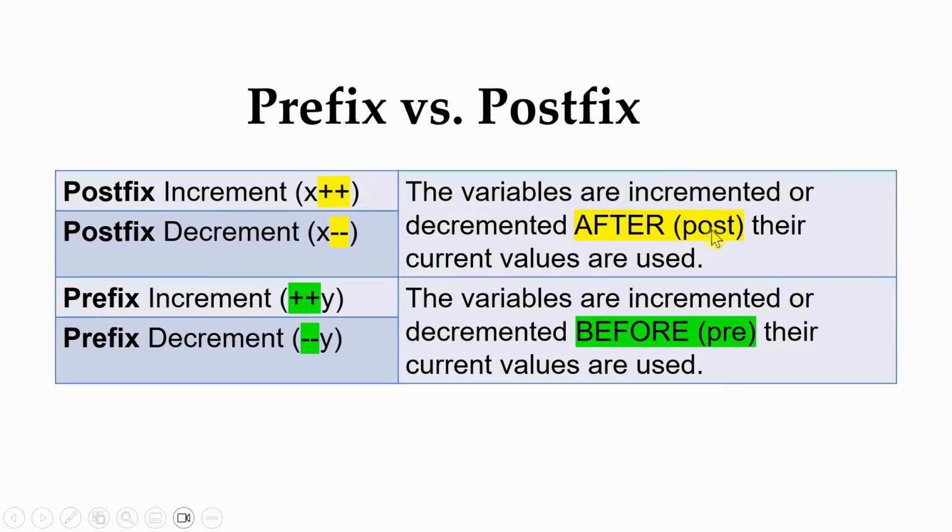Because it's postfix, that's why we say it's after. Whereas for prefix, you will see that we have the plus plus sign and also the minus minus sign right before the variable. In this case, for prefix increment or decrement, the variables are incremented or decremented before their current values are used.